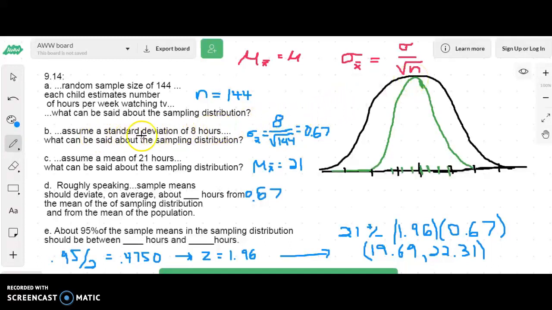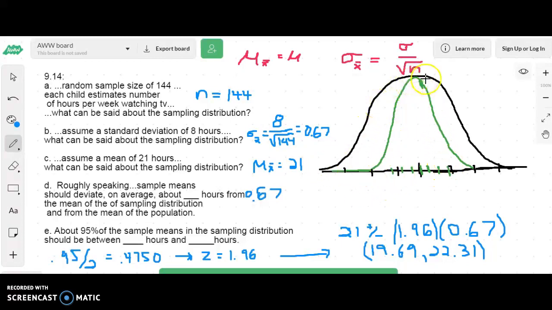They are giving us the standard deviation of the population of 8. So 8 divided by the square root of 144. The square root of 144 is 12. So 8 divided by 12 is approximately 0.67. We're going to round it to 2 decimal places. This is going to be the value of the increments of this new green distribution.